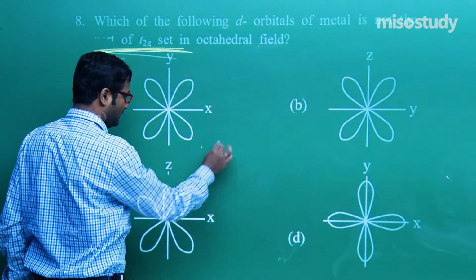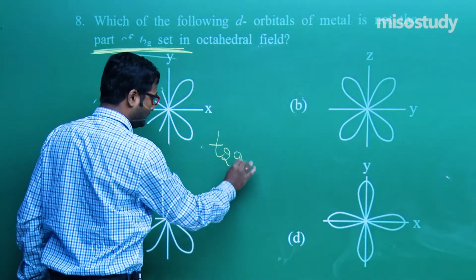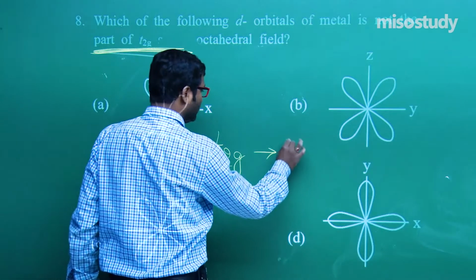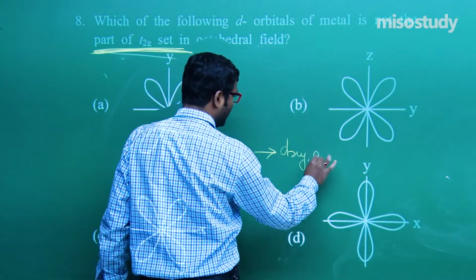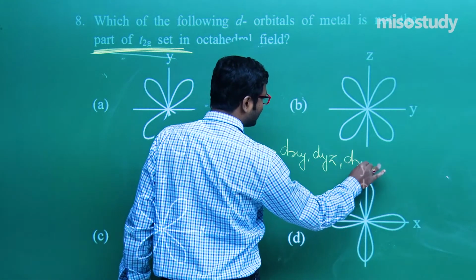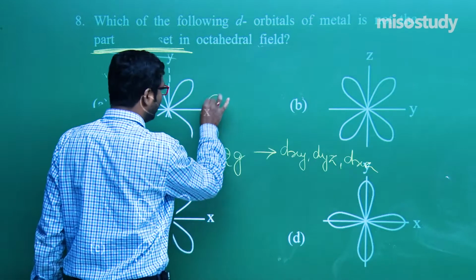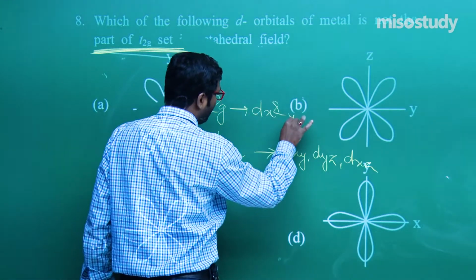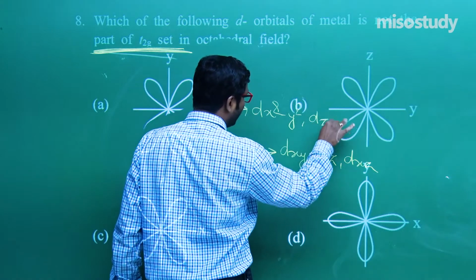Remember, it is very simple. I am writing here, is it visible to you? T2g has dxy, dyz and dxz. Remember? And for Eg, tell me, dx²-y² and dz².